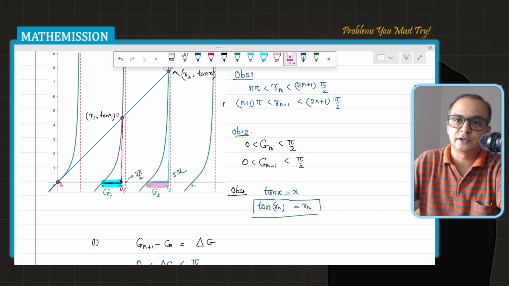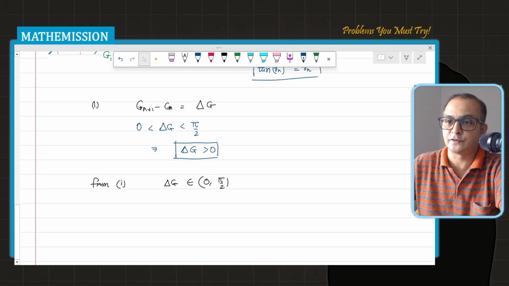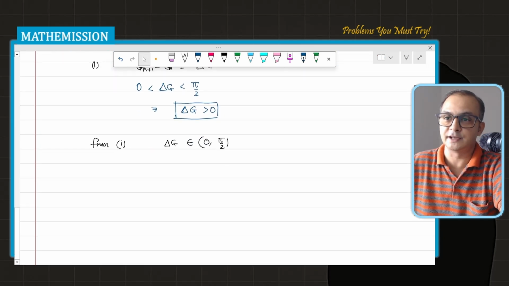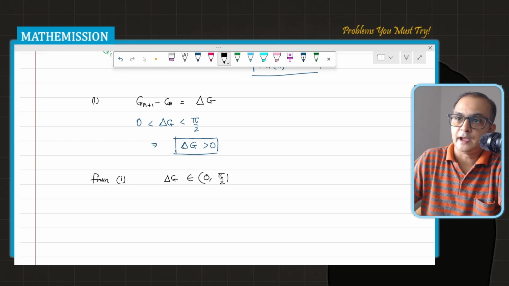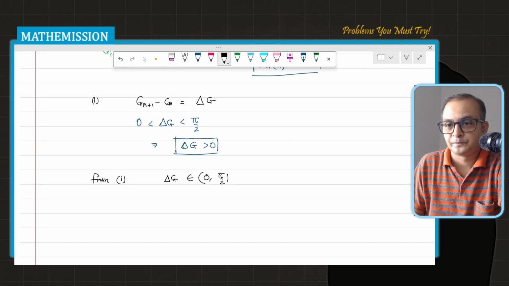You can see the tan graph is always greater than this. So if the angle is in the first quadrant, the tan of the angle is higher than the angle, and so I can write that delta g is less than tan of delta g.